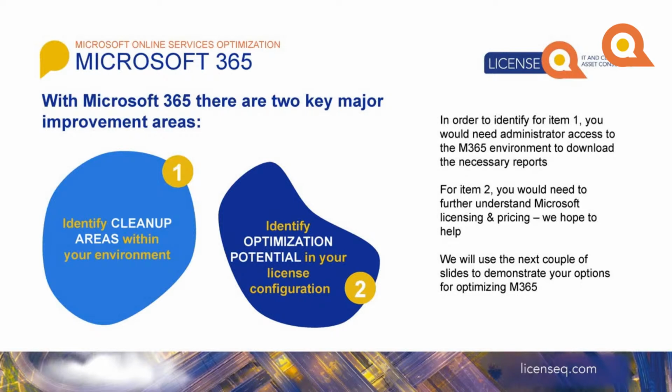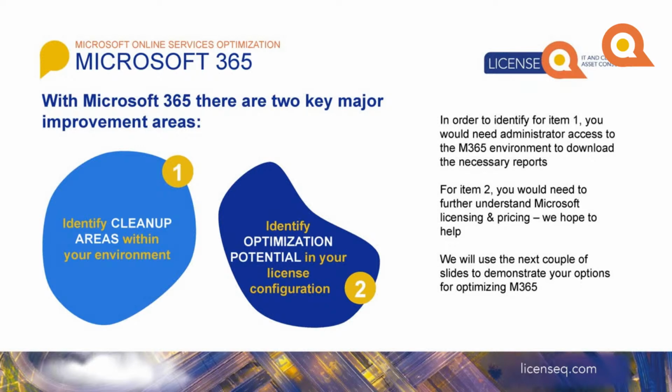First, cleanup, so clutter in your environment, that shows that there's a lot of users that might not even benefit from the services anymore. And second, your optimal license position or optimization potential in your license configuration. So are you buying the right products for your actual requirements?